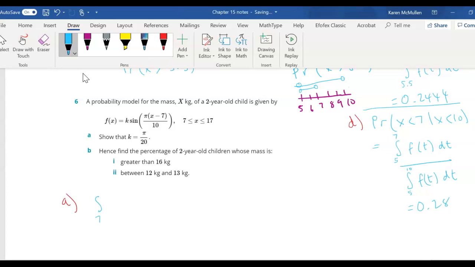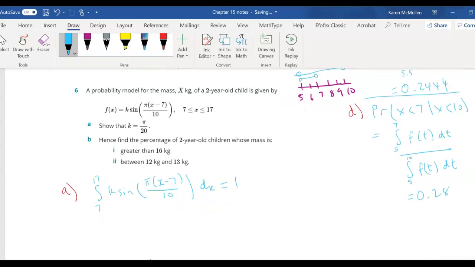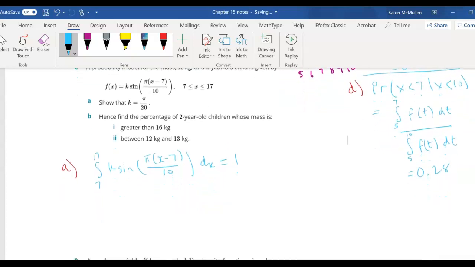So we're going from 7 to 17, and our function is k sine pi x minus 7 on 10, and that's with respect to x, so dx. And because it's a probability density function, we've got to let it equal 1. Okay, so if you ever see show that, you can just set up an equation and let it equal 1 majority of the time. All right, so we're basically solving for k.